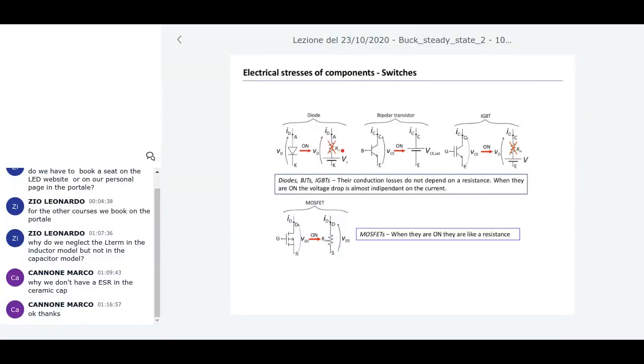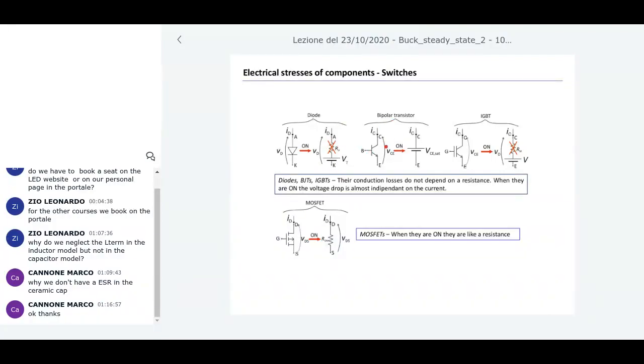The power which is dissipated when they are on, called the conduction losses of these devices, for the diode does not depend on the resistance. Its voltage when it is on is almost constant. Of course this is an approximation, but in a first attempt at designing a converter you can accept this kind of approximation.